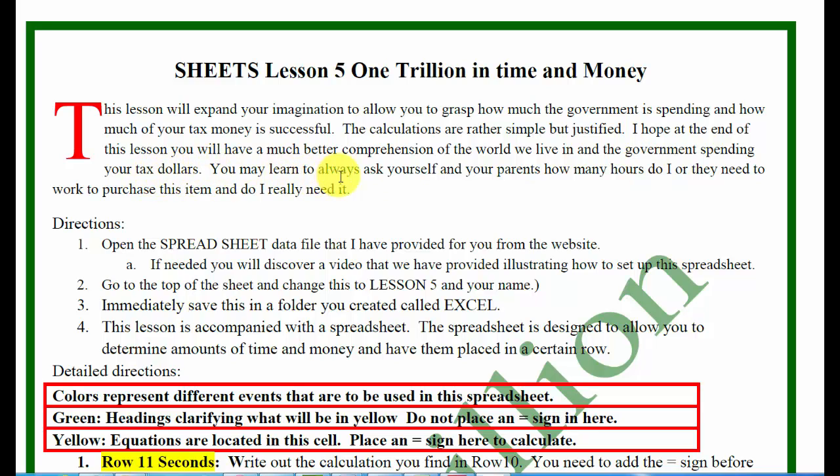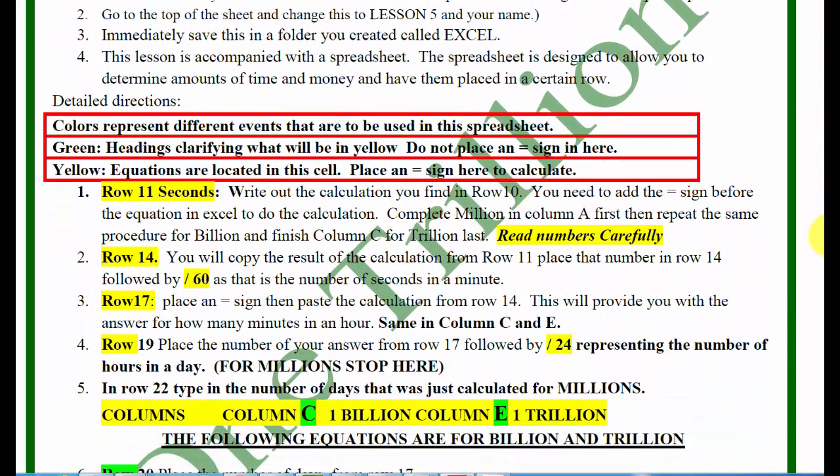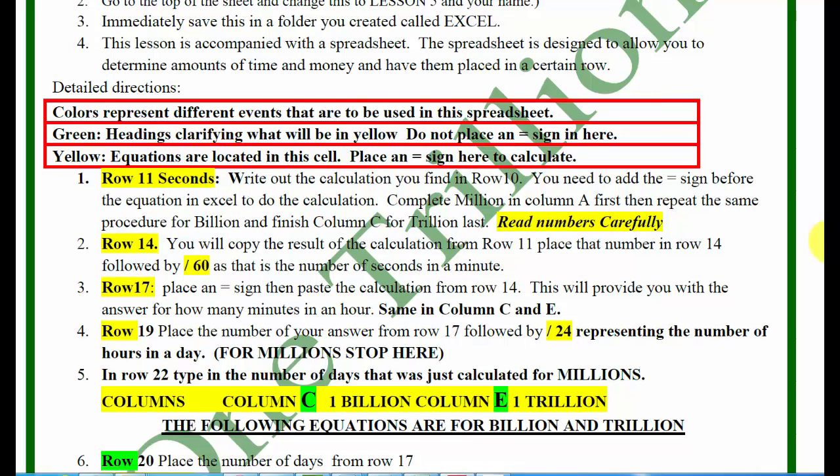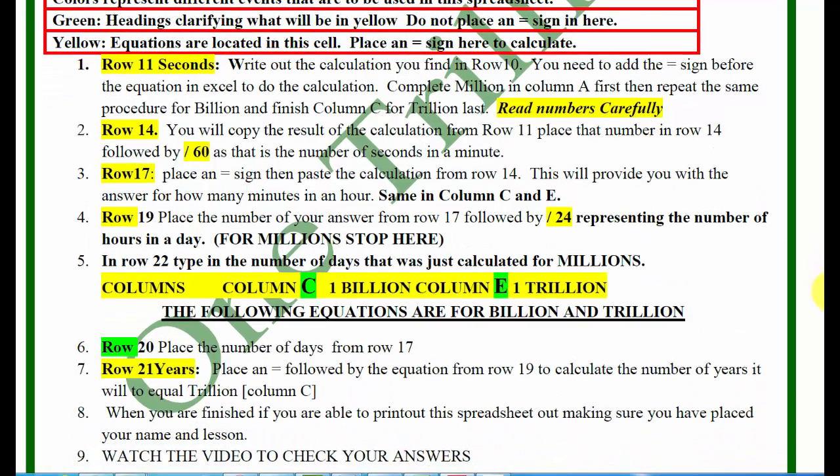You may learn to always ask yourself and your parents, how many hours do I or they need to work to purchase this item? And do you really need it? Here are the directions. Realistically it's going to be common sense. However, because the numbers are so large, it is imperative that you calculate and look carefully at the numbers.